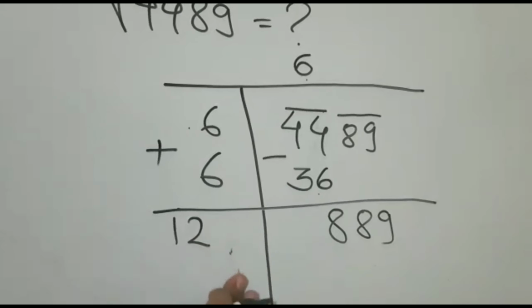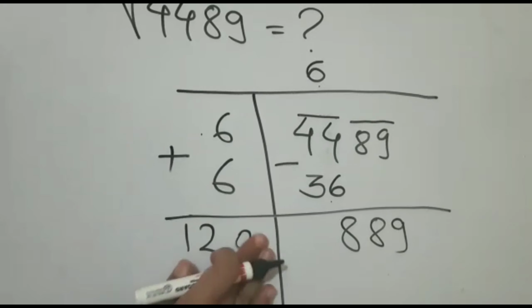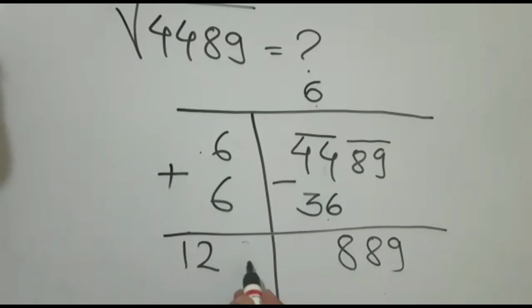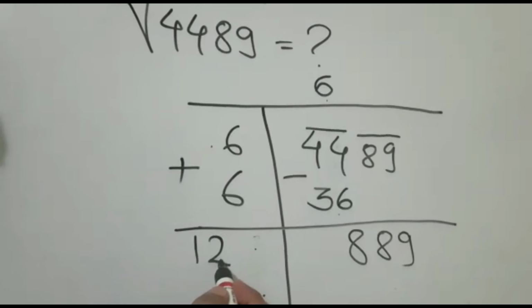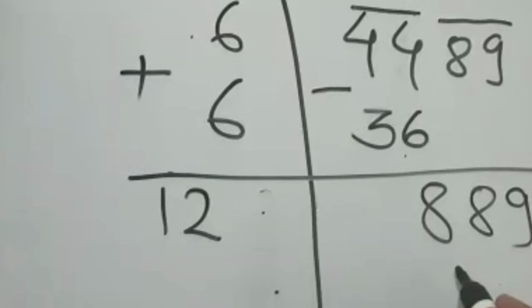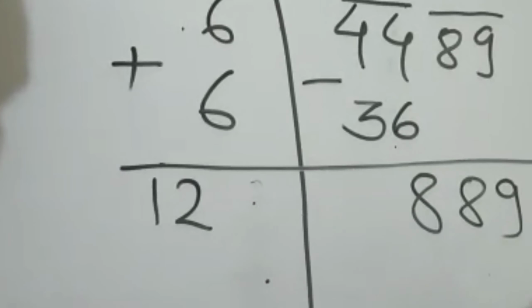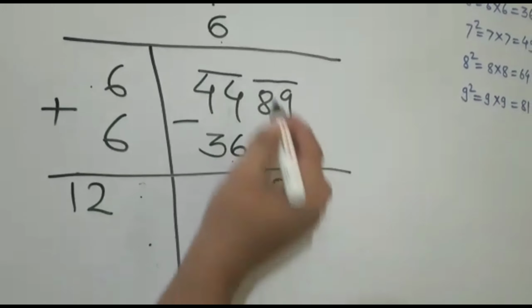If we take 0 here, then take 0. But we have to take a number that multiplies with this number and the multiplication is the same as 889 or smaller than it. Here is the last step.